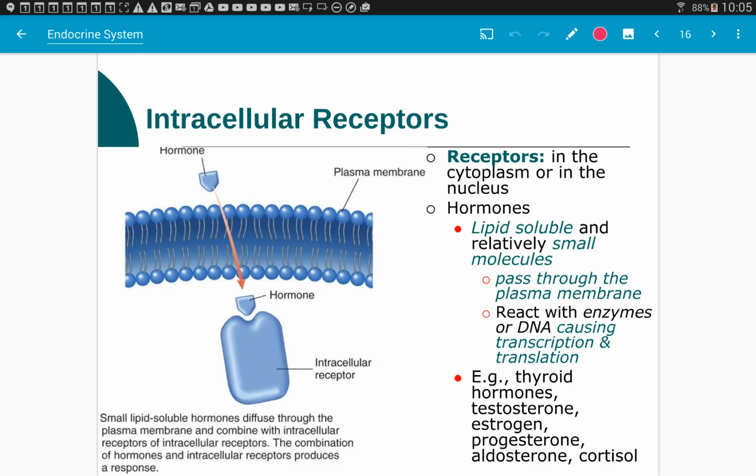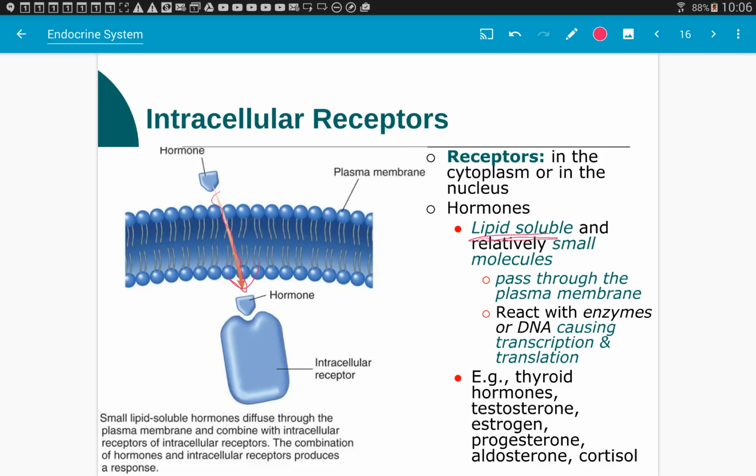And so these receptors are for those small lipid-soluble hormones that are able to diffuse through the plasma membrane and then bind to the receptor inside the cell. Okay? So that's a big difference. Okay, so the lipid-soluble ones, and they have to be pretty small to be able to diffuse through like it's doing. Then it still binds to a receptor. The receptor is still specific.